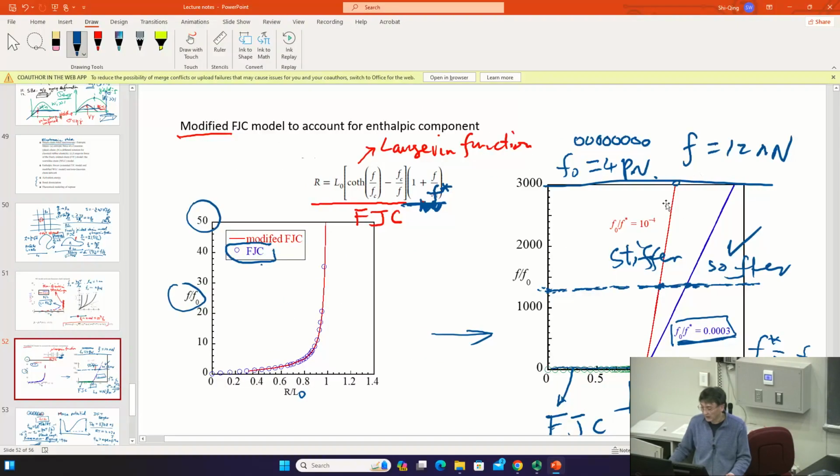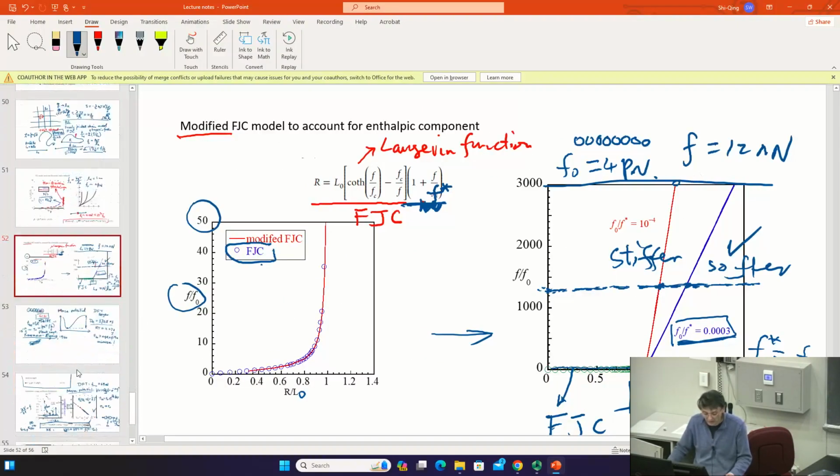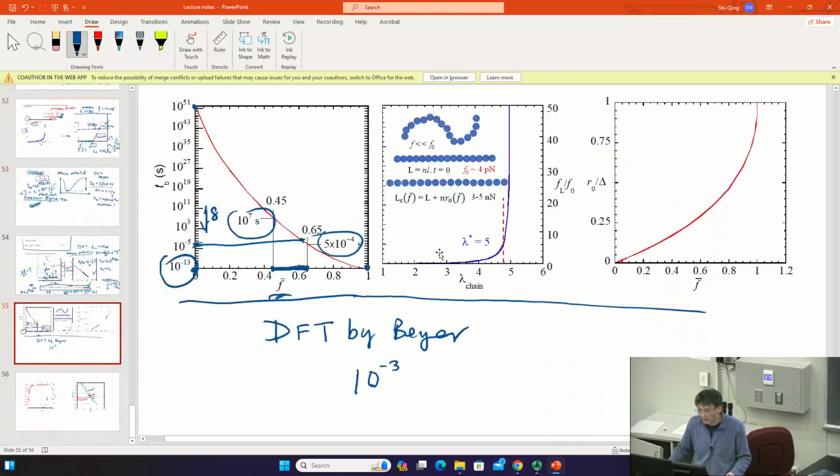So once it's straightened, you can see how much it builds, and then find out the force that you can achieve. And once you find out the force you can achieve, this diagram, for example, tells you how long your bond can survive.